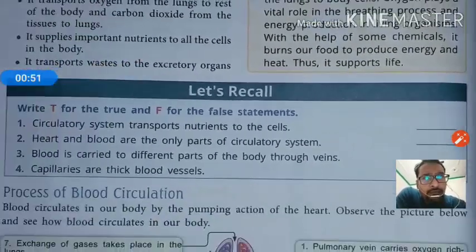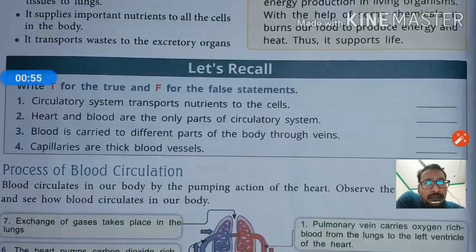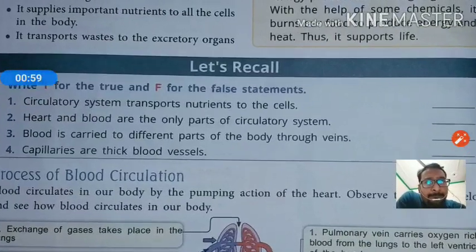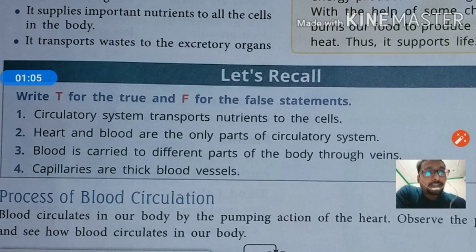Now you have in the book some true and false questions, so let's recall them. Number 1, the circulatory system transports nutrients to the cells. Is it true? Yes, you are right. This is true.